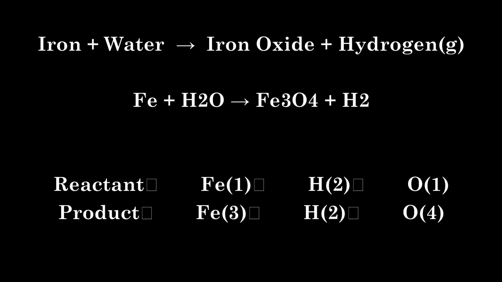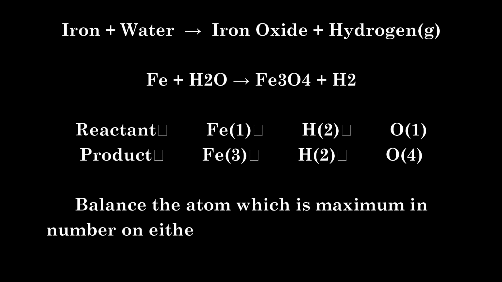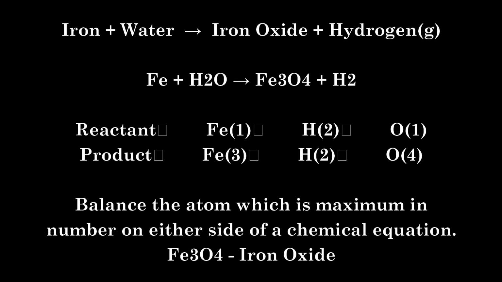The first step is that you have to start balancing the compound that contains the maximum number of atoms. It may be a reactant or a product. In that compound, select the element which has the maximum number of atoms.